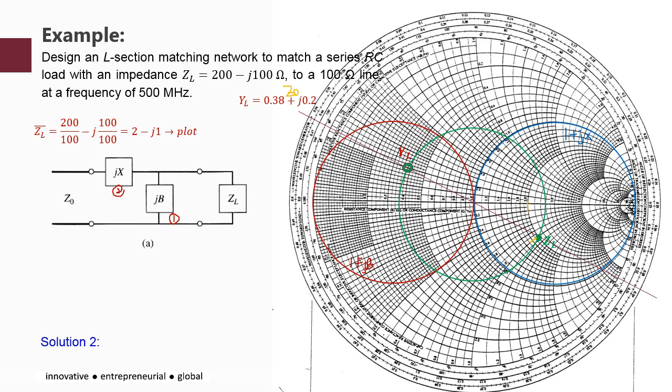Alright, so next you need to match the YL position to the 1 plus JB circle. In order to do this, you have two solutions. The first one is to move this point up. You need to maintain the same real part, 0.38. So either it is here, okay, move it there, or you can also move downward.